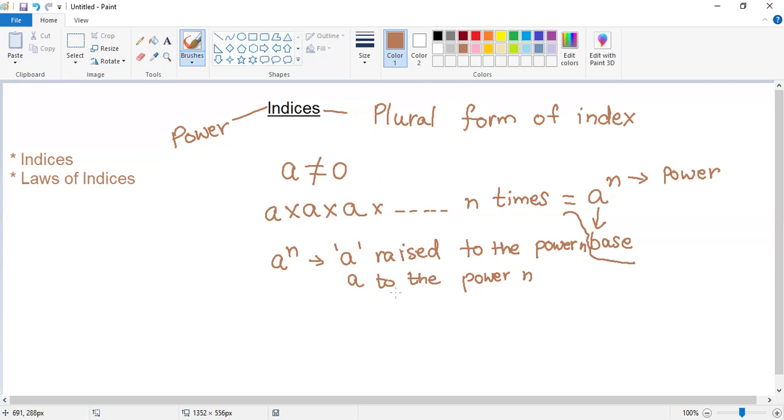Now we will see some operations such as division and multiplication. We are going to see this in the form of laws. Let's see the first law.